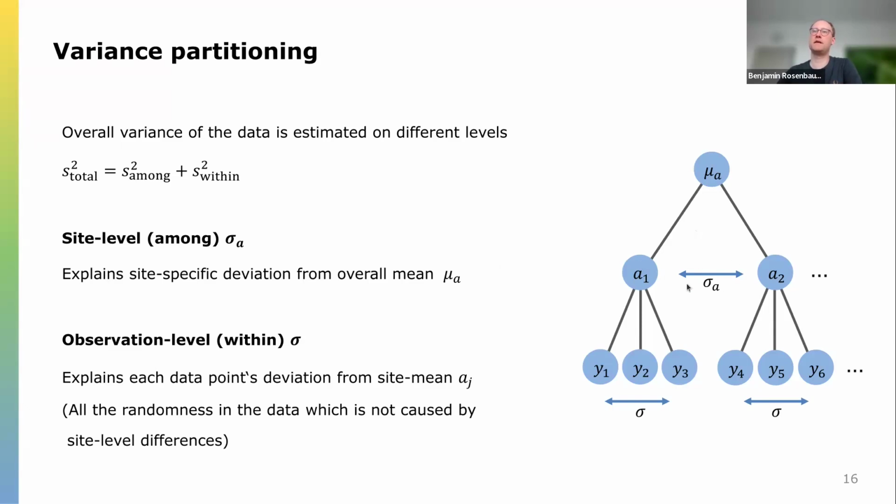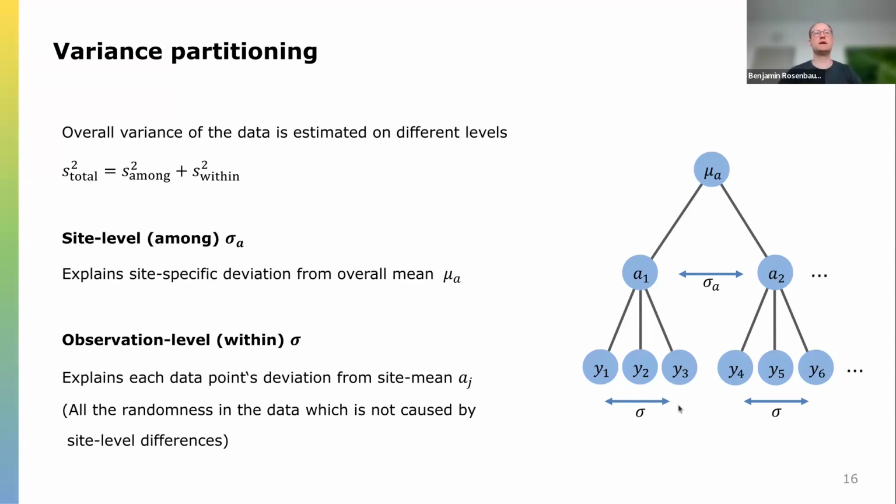And here we have this sigma A, the parameter that estimates this side level difference. But in each side, we also have the data points. They have a deviation from the side level mean, and this is the residual variance here.